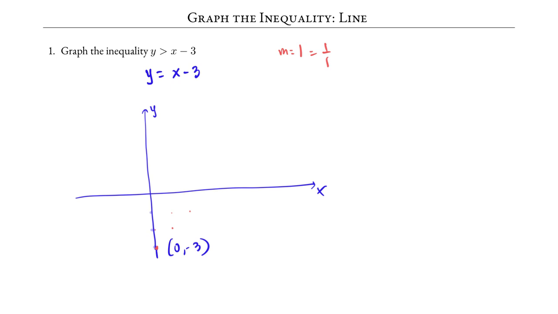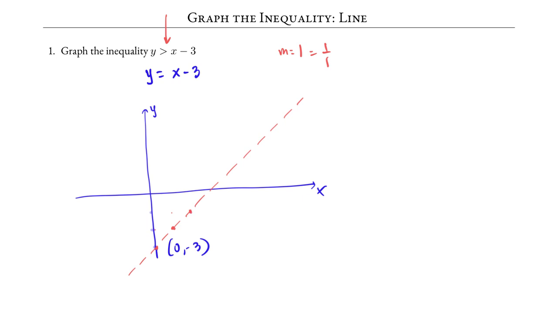But notice that this is a strict inequality. So instead of using a solid line, we would use a dotted line for the strict inequality. And this line would go through the y-intercept (0, -3), and because we go up 1 over 1, we get another point, and up 1 over 1, we get another point.